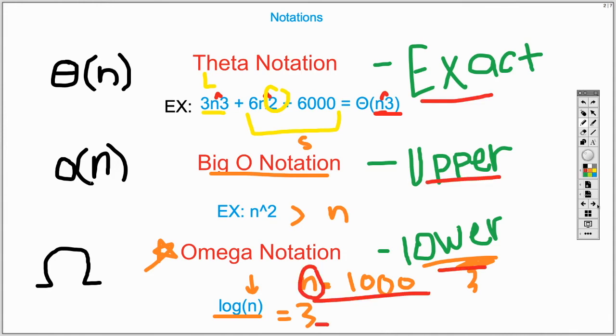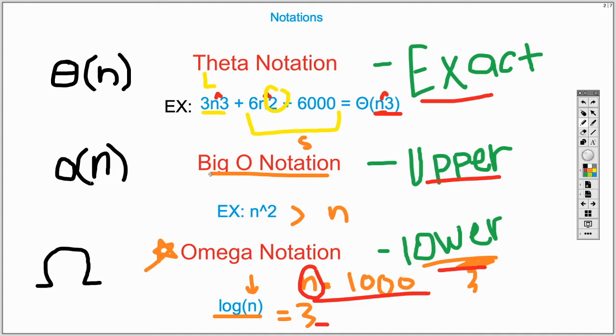I think I might have made it clear, but I don't think I directly said it: whenever we're saying exact bound, upper bound, lower bound, I want to emphasize that we're always comparing it to n. In this case, n was 1,000 and 3 was much, much lower than our n. That's why we labeled it as a lower bound.